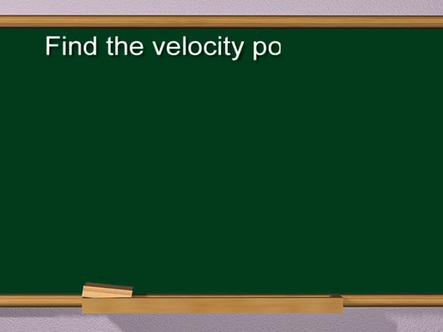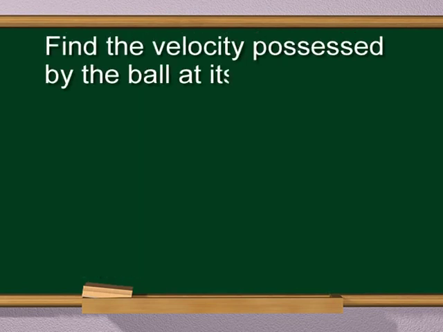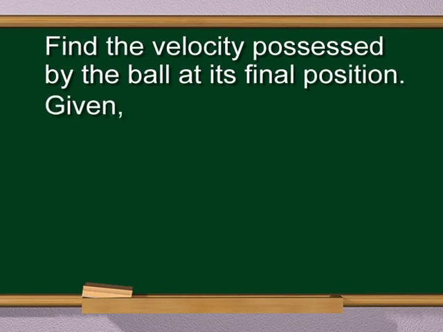Find the velocity possessed by the ball at its final position. Given that the value of acceleration due to gravity is g equal to 10 meter per second square.